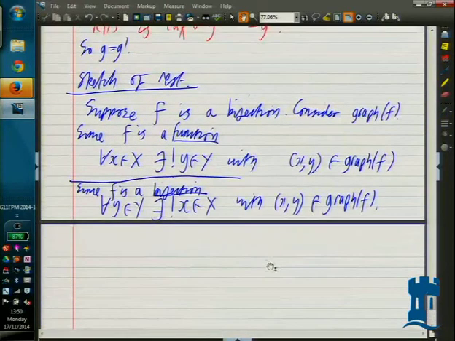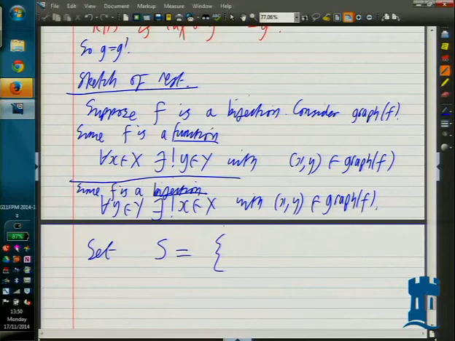And now, set S to be the following flip. We take (y, x) in Y cross X, such that (x, y) is in the graph of f.